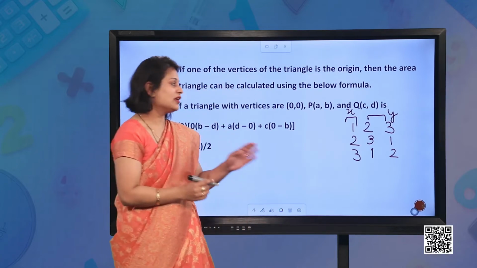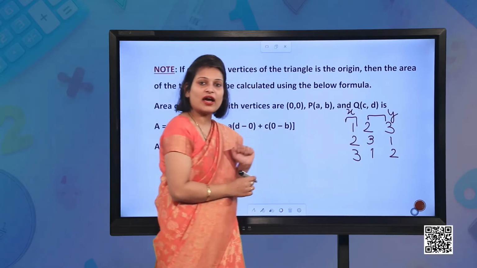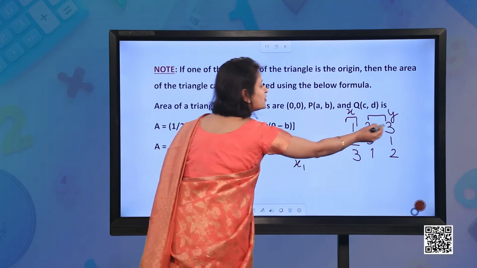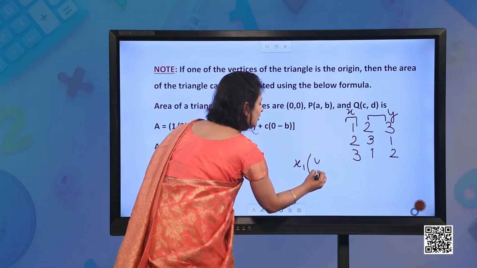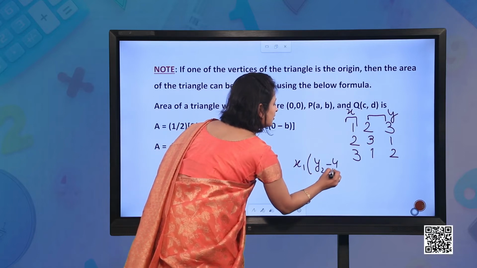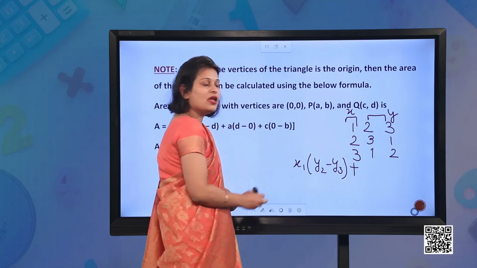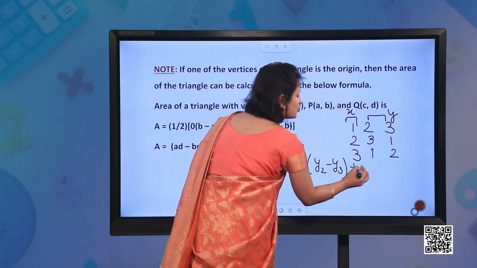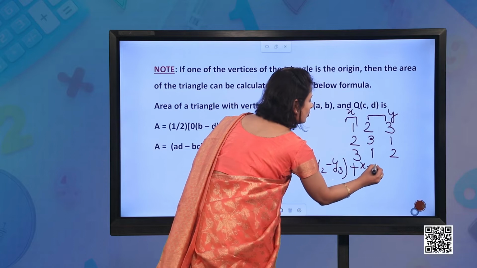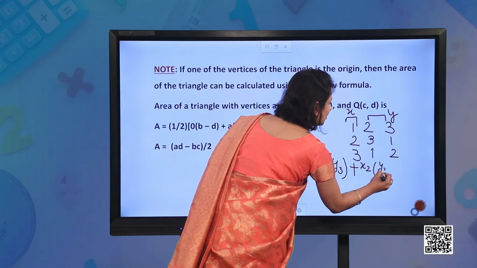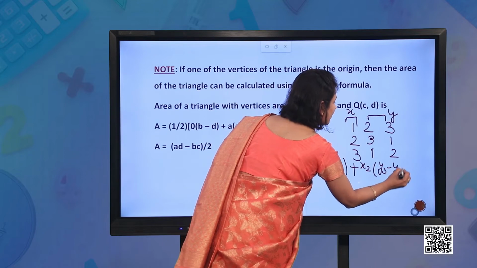Whenever you take x as 1, meaning x1, you have to subtract these two. You will get y2 minus y3. Then an addition sign in between. When you take x as 2, meaning x2, you have to subtract y3 minus y1.